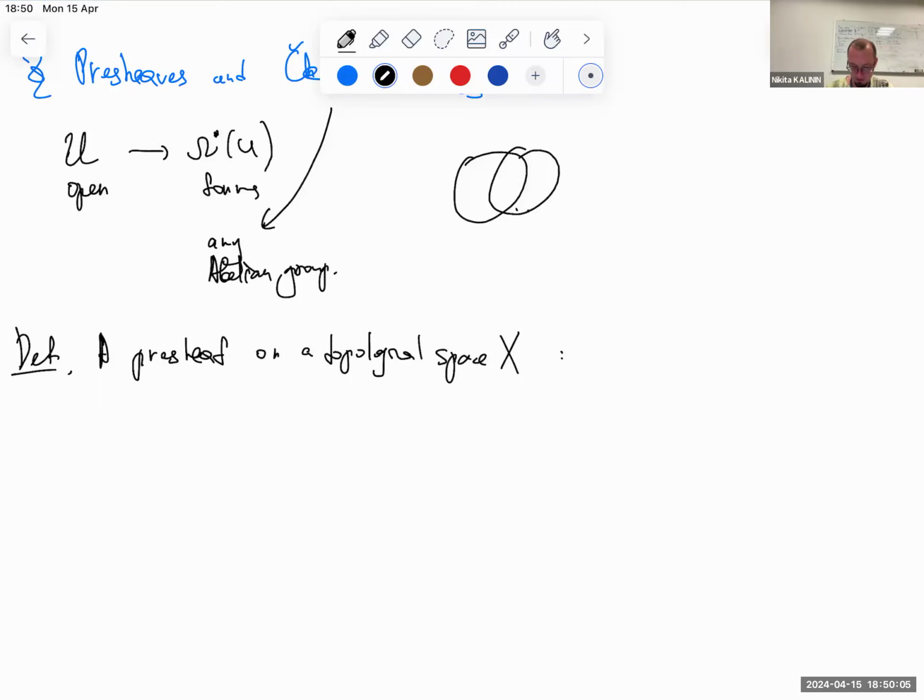Let's call it F. To any open set U, we assign an abelian group, F of U. And then we must also have an inclusion map. If you have an inclusion map, let's denote it by i_UV, that's a map from V to U, an inclusion of open sets.